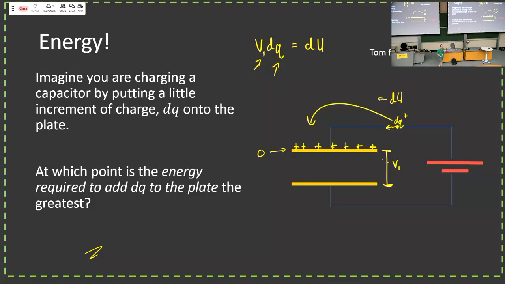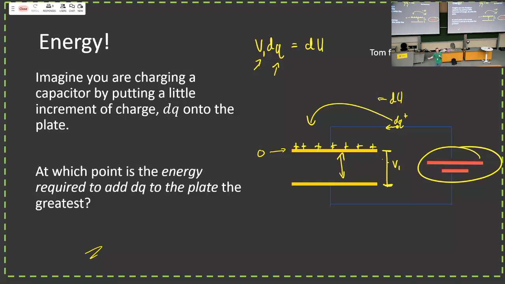And this is actually why charging stops when the voltages are equal. Because when the voltage across these two parallel plates is equal to the voltage of the battery, the battery no longer has enough force to put more charge on the capacitor. It can't do it anymore because the capacitor is just as charged, just as voltagey as the battery.